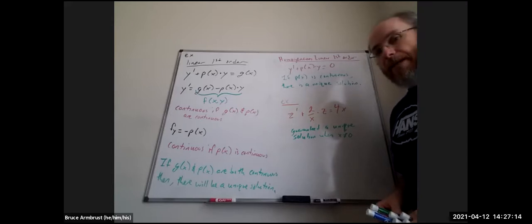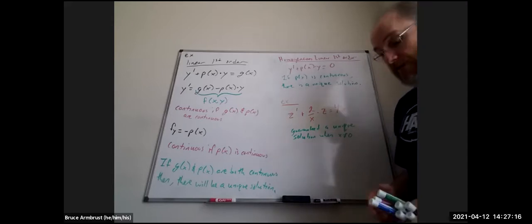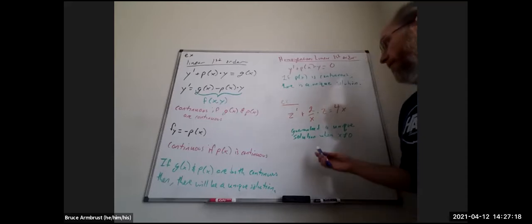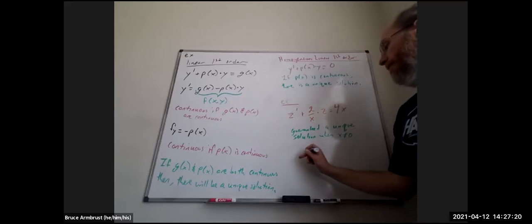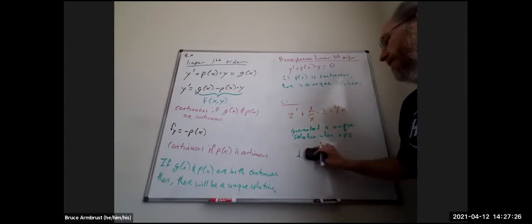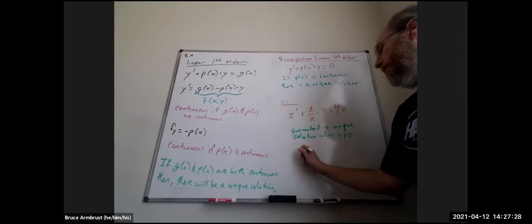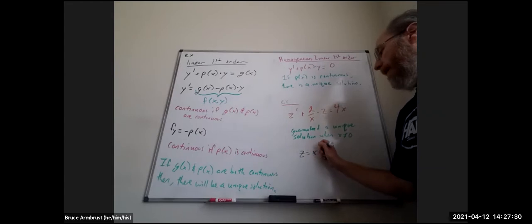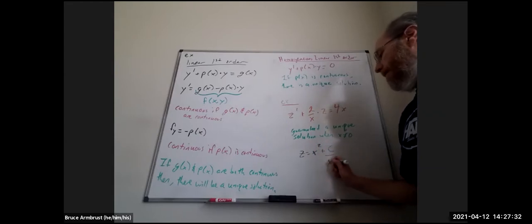But I want you to go back and look at what the solution was. We found a solution of, let's just go to the z, so z was equal to x squared plus c over x squared, I think is what it was.